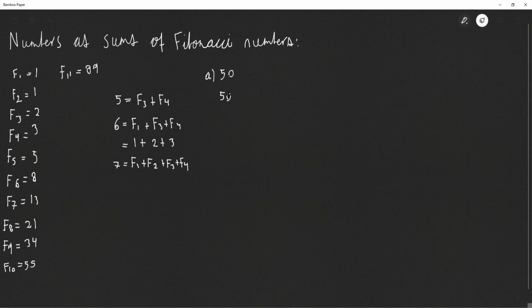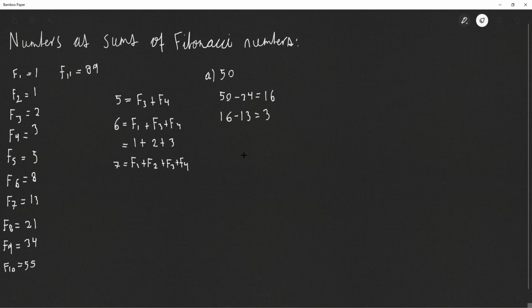So we're going to do 50 minus 34, which gives us 16. So now we need to write 16 as Fibonacci numbers. The largest one up to 16 is our 13. So we take 16 minus 13, giving us 3.